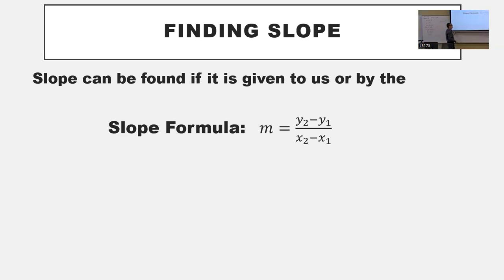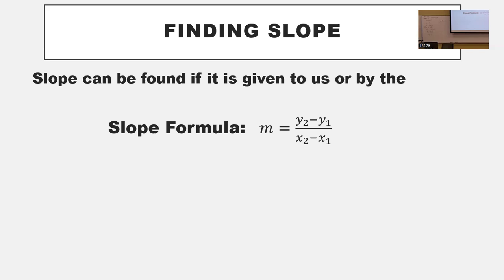So it's fairly straightforward when the slope is given to us directly. We just say slope is that. In this last case, slope was 3. And then we move on our merry way. If slope is not given to us directly, then there's a few ways that I can find it.